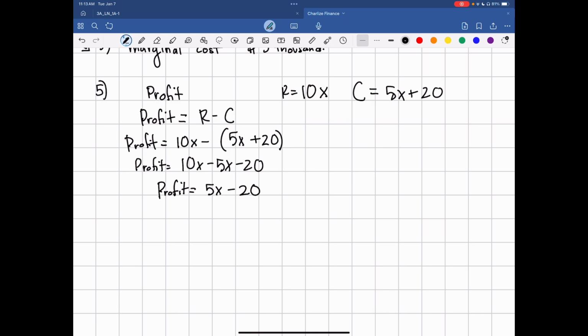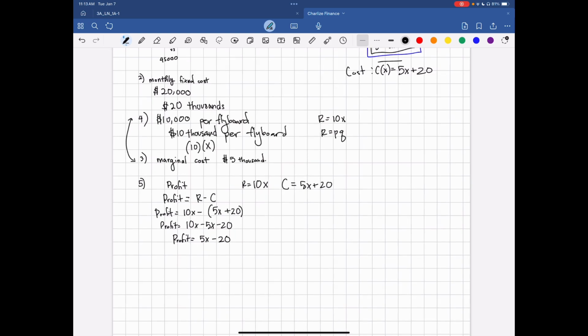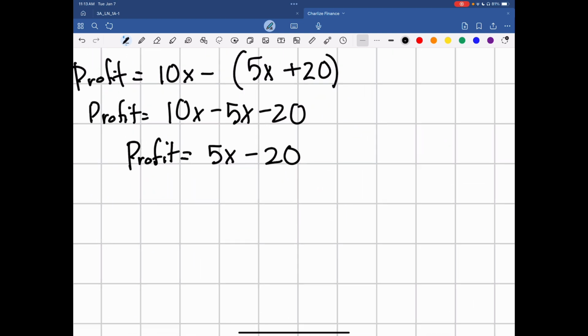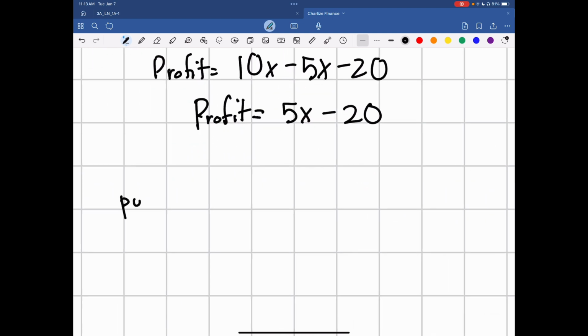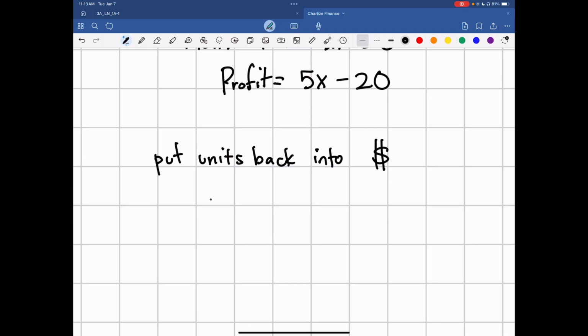It's pretty similar to the actual one, except for the fact that it is subtracting the 20,000. But if I wanted to put units back into dollars, instead of just thousands, I would do profit is equal to 5,000x minus 20,000.